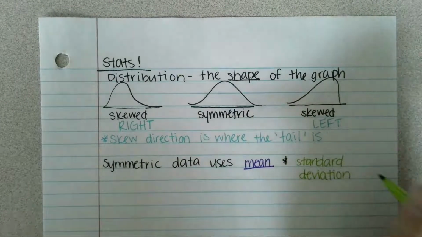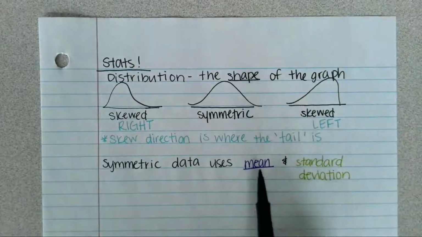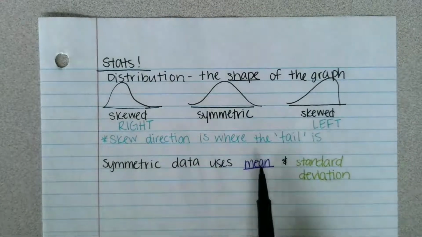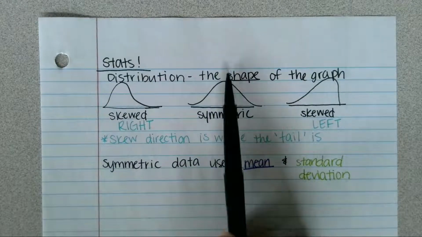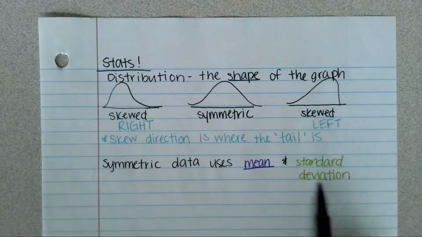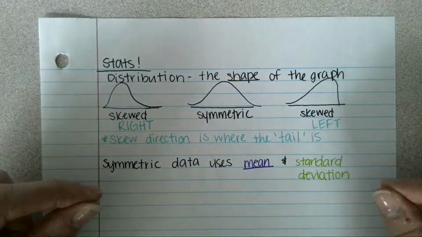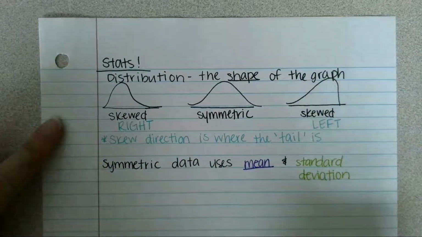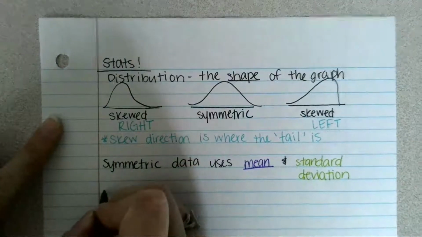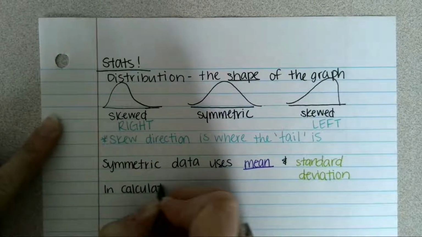Another word for mean is average. So when we want to talk about the middle of our data, this point right here, we want to use the mean or the average to talk about that. And then standard deviation is a number that just tells me how spread out my data set is. So how far apart those values are. Your calculator will figure these out for you.